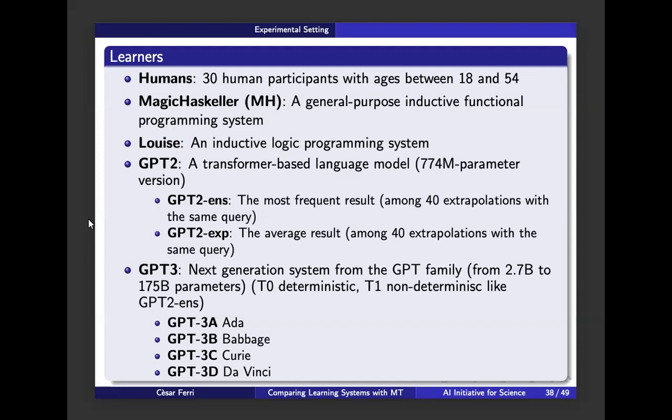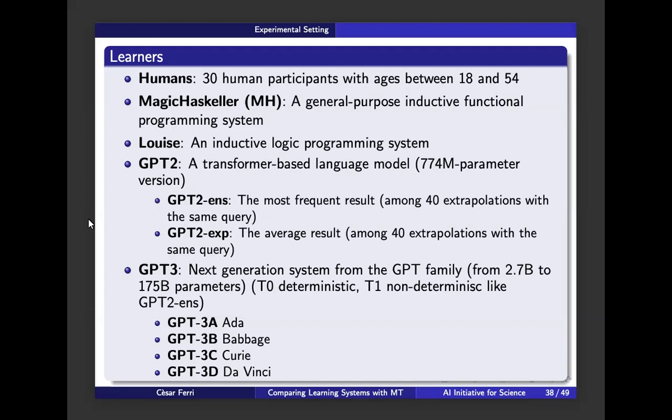And then we are going to compare 2 different kinds of language models. GPT-2, the previous version of the GPT family. Here we have 2 kinds of implementations. This model was trained with almost 800 million parameters. And here we have 2 different versions, GPT-2-Ens, the most frequent result, and GPT-2-S.